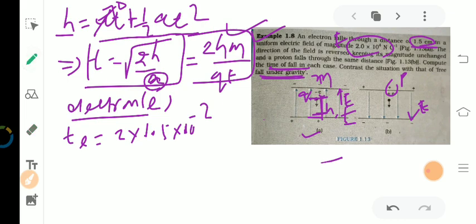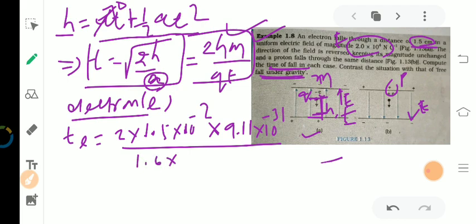Then the mass of the electron you have to write for the electron. What is the mass of the electron, known to you? Mass of the electron is 9.11 into 10 to the power minus 31, divided by the charge of the electron. Charge of the electron is 1.6 into 10 to the power minus 19, and what is left?